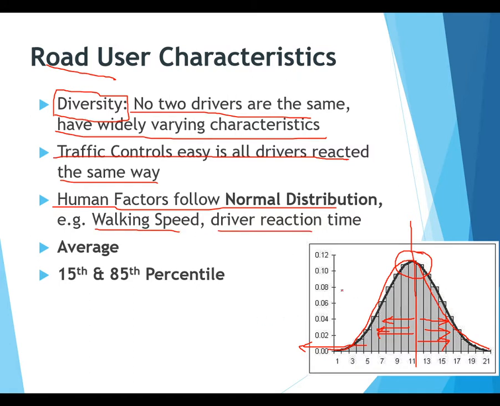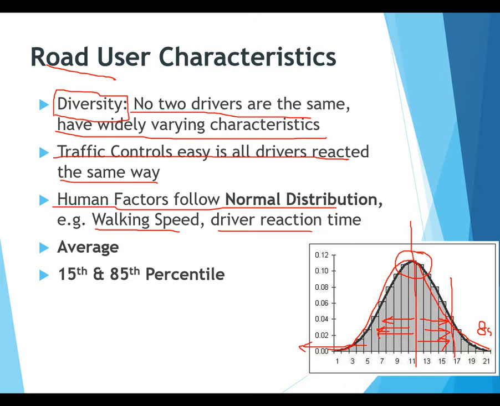When we design the traffic engineering, we try to include everyone, but it's impossible to include everyone. Sometimes you cannot serve the extremes. For example, for the reaction time, this guy is a drunk, he has 8 seconds reaction time, so he's one of the extremes here. I cannot design my stopping sight distance and everything on the road for this guy.